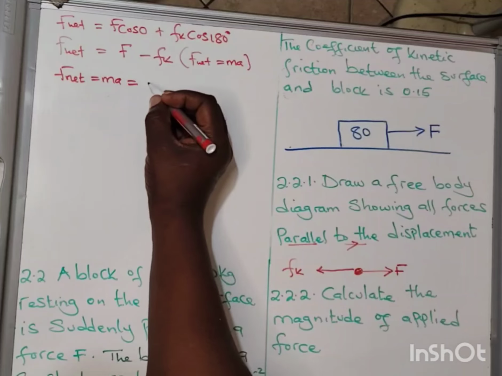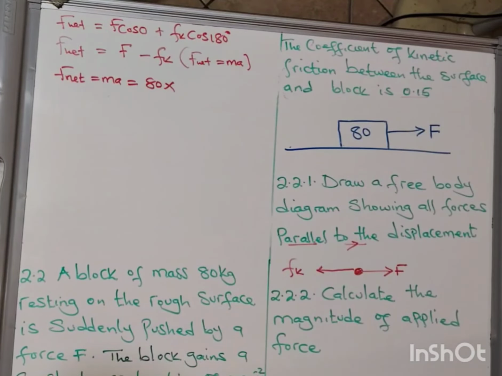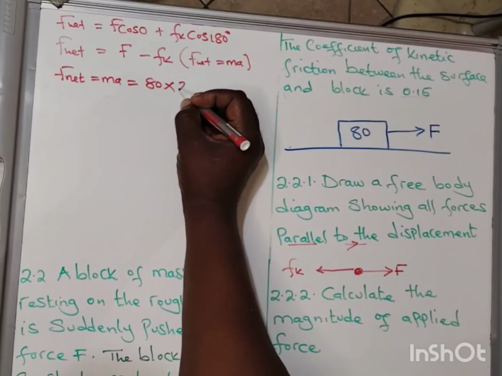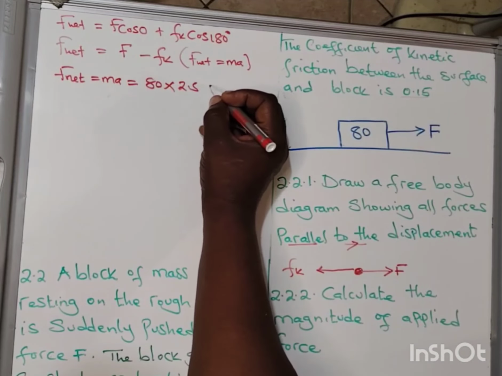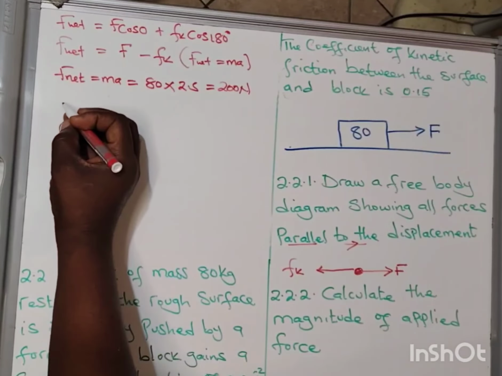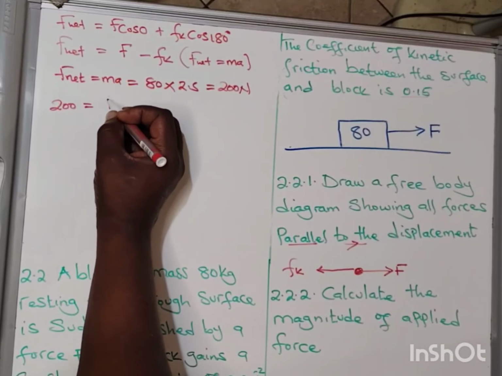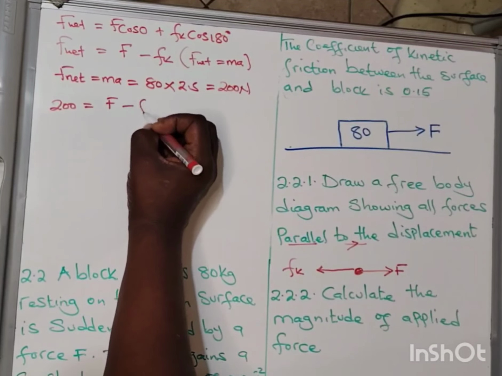The mass is 80, and the acceleration was given here as 2.5. What you get out of that is going to be our net force. So there we are, we have the net force. When you substitute there, we get 200 is equal to F minus Fk.